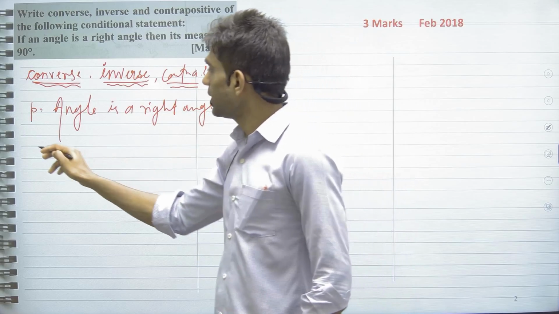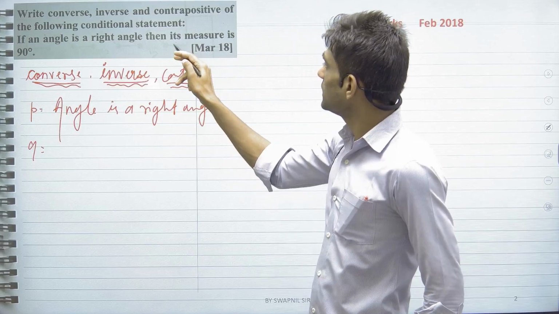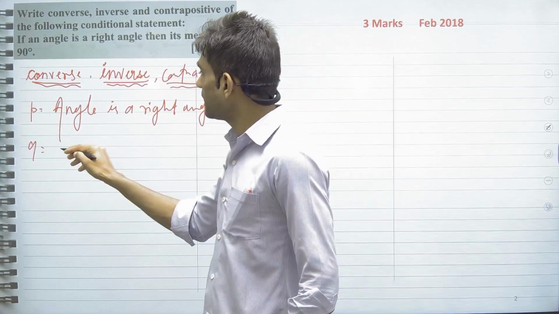And the second statement, after then, is its measure is 90 degrees, that is, measure of angle is 90 degrees.